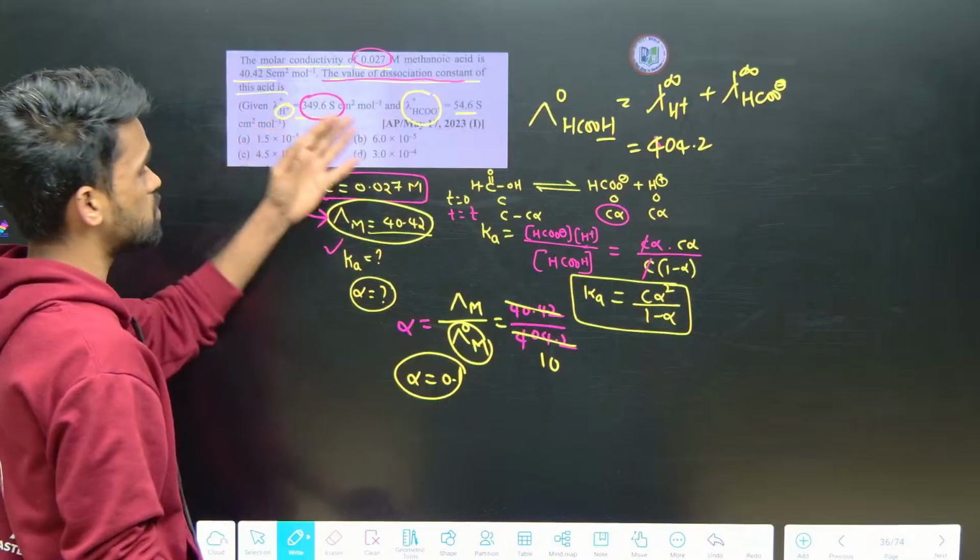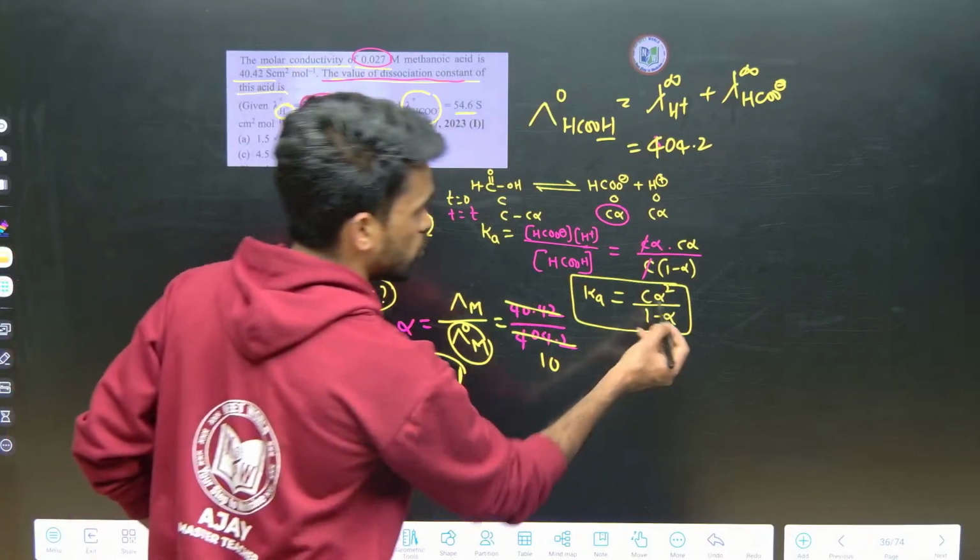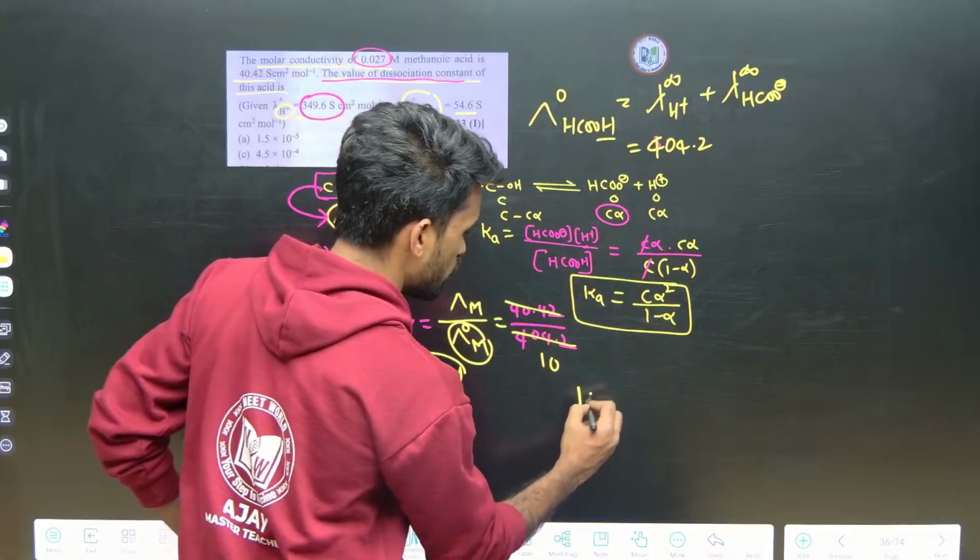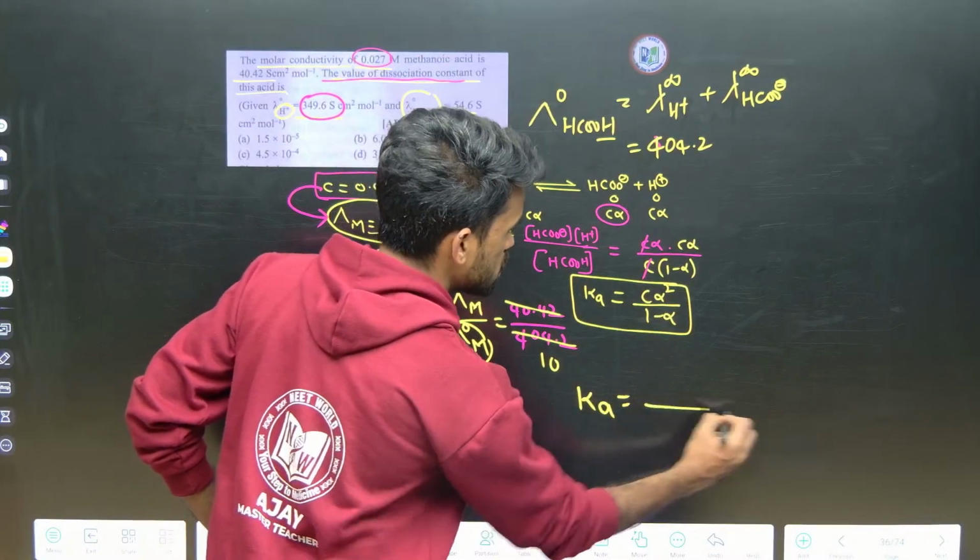Since we have 4 options, you will get the nearest option even if you ignore this value, or if you want, you can take Ka equals C alpha squared by 1 minus alpha.